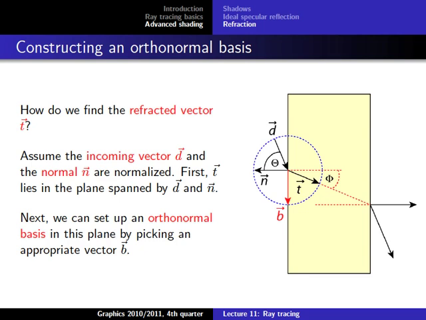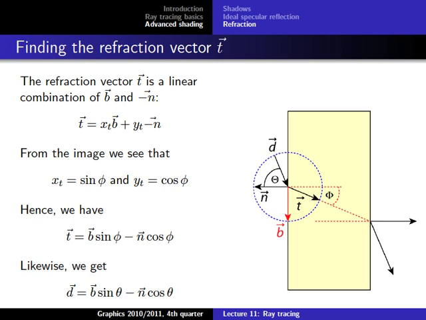And then we say, first of all, the vector t is in a plane that is spanned by these vectors d and n. And then we describe this vector in an orthonormal basis, by choosing a vector b which is on the surface and in that plane that is defined by d and n. Because if we do that, then we can express the vector t as a linear combination of these two vectors, because then the vector b and the vector minus n represent an orthonormal basis, and then we can describe the vector t like that.